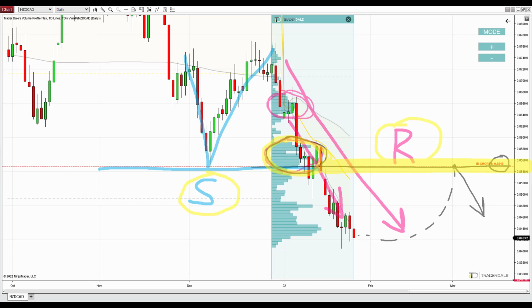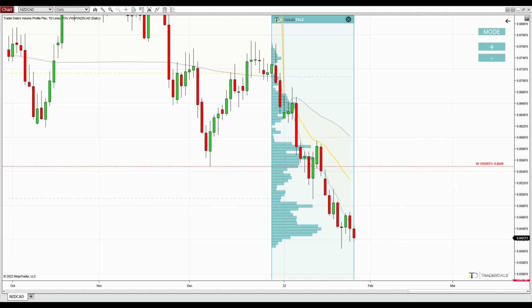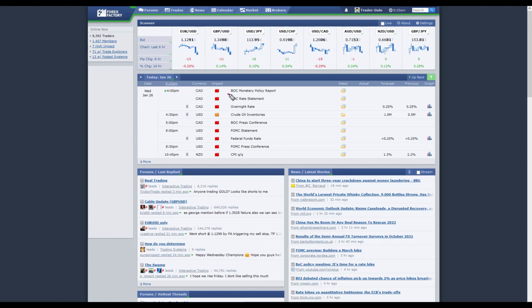Today there is very strong macro news coming out concerning the Canadian dollar. It is the Bank of Canada monetary policy report, the rate statement and the overnight rate. So if the price hits that resistance that I showed you during the release of this news later today, then I don't recommend jumping into a trade.